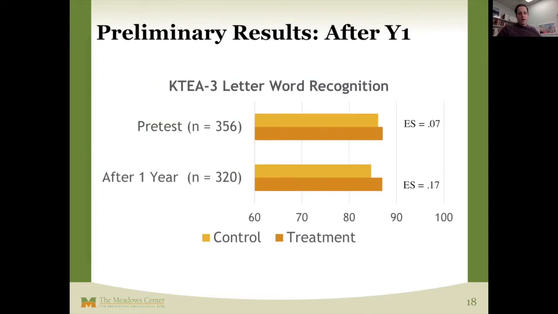Okay, so I am going to present some preliminary results. And because the measures vary across time points, I'll try to specify what year we're talking about. So this first measure is a standardized measure of word reading. This is the KTEA's letter word recognition subtest.